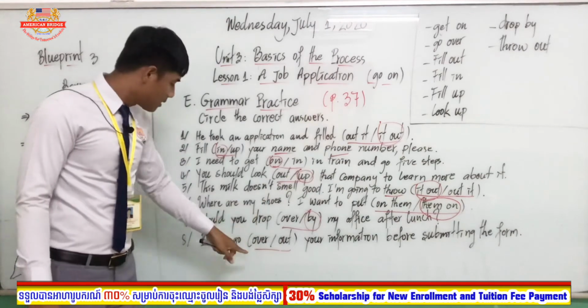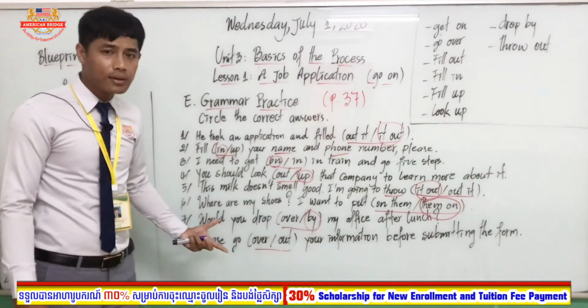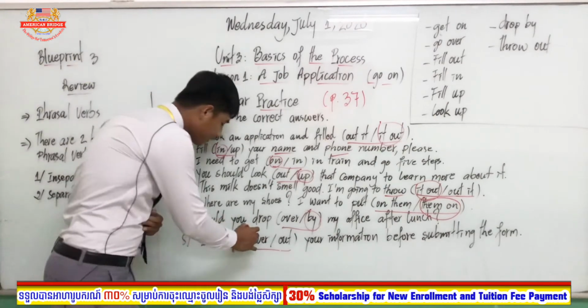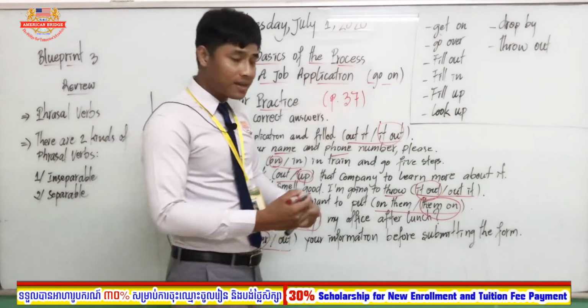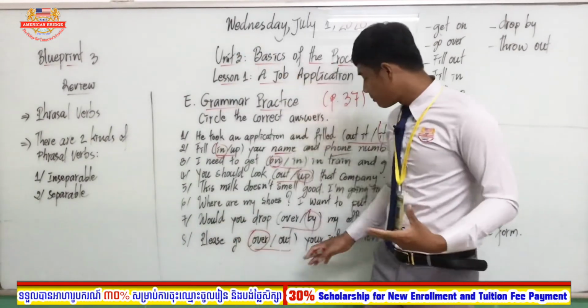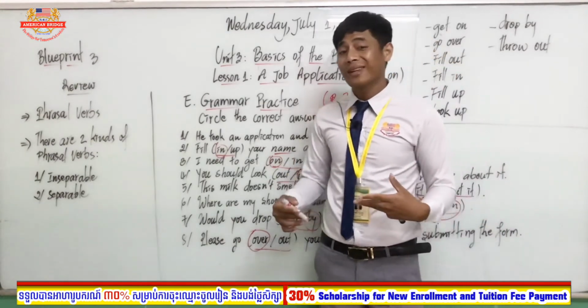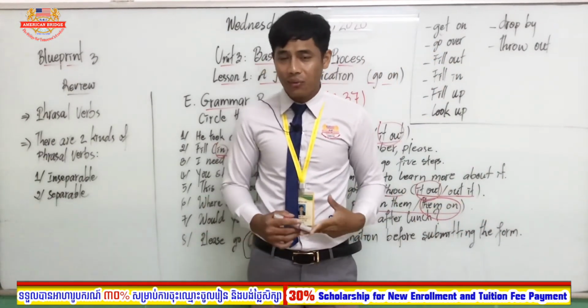So in this sentence, the best answer is over. Go over means to check, to review the application or the information again before you submit it to someone else.